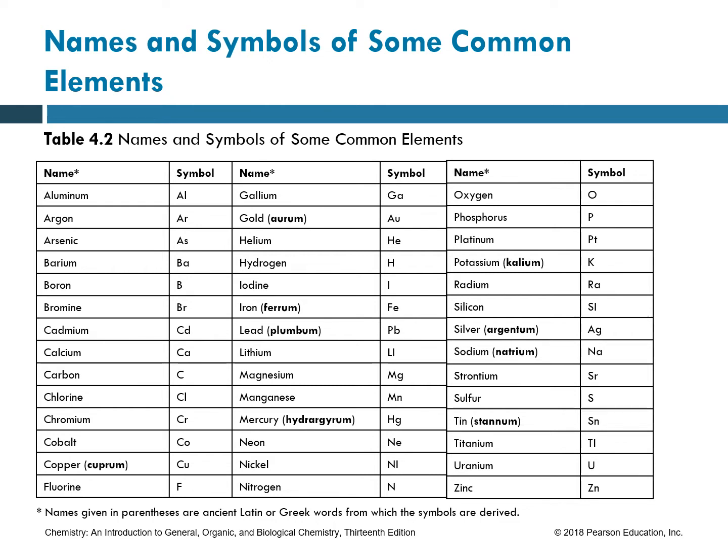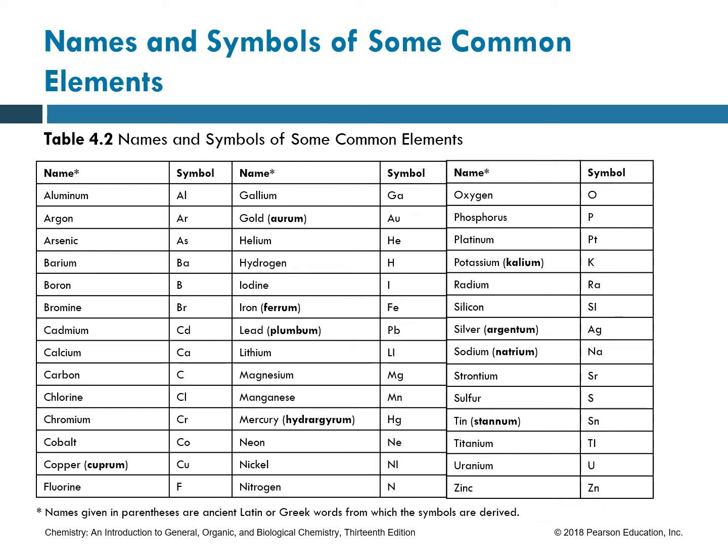Similarly, the symbol that is used for iron is Fe. That comes from its Latin name, which is ferrum. Same thing with lead. Lead's symbol is Pb, which comes from the word plumbum. Same thing with mercury. Mercury is abbreviated as Hg.